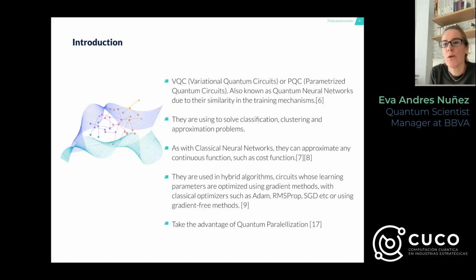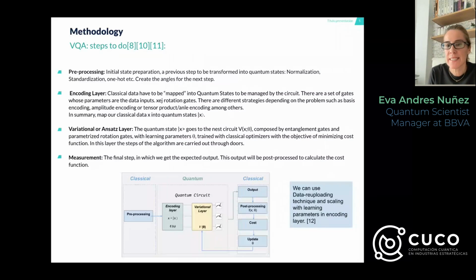The steps to follow in quantum machine learning are very similar to classical machine learning, starting with a preprocessing stage in which we prepare the data. The data is still in classical format in this step, applying several transformations, for example, standardization, normalization, or one-hot encoding. This step is executed on the classical part, in the CPU, and after that, the data goes to the next layer, the encoding layer, also named feature map or embedding layer.